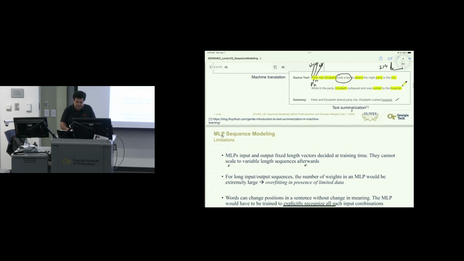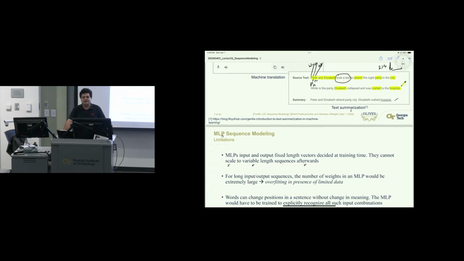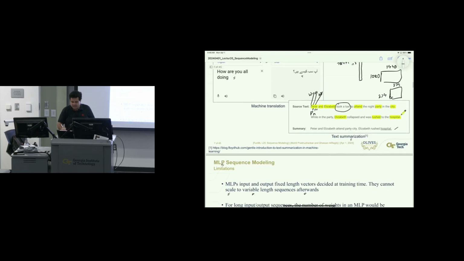And hence, the first point completely takes away our usage of MLPs for this kind of sequence modeling. Think of how you design your MLPs, right? You start with defining the number of input pixels and then the hidden layer representation, something like 784 cross 200.